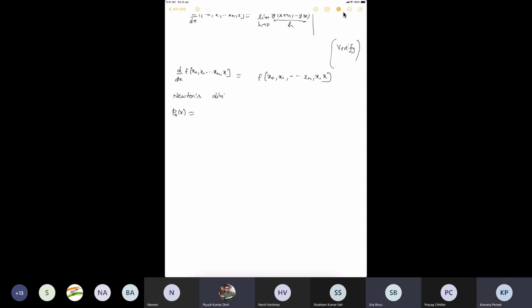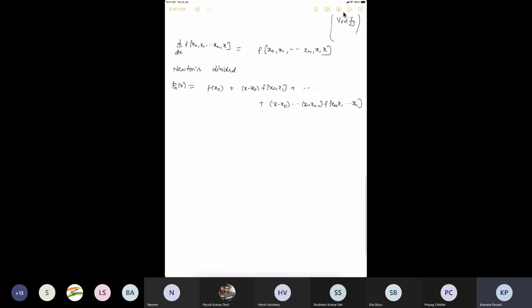Newton's form: f(x) equals f(x0) plus (x minus x0) f[x0, x1], and so on, up to the product (x minus x0) up to (x minus x(n minus 1)) times the nth order divided difference f[x0 to xn].